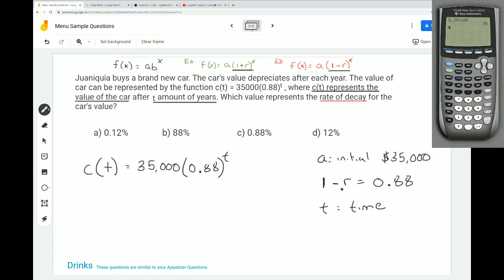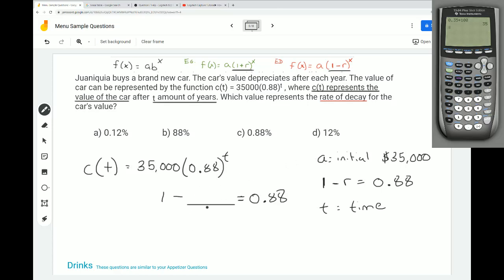Okay, so we're trying to figure out what's the rate of decay. Since this one's 0.88, if you notice, this is not 1 plus r. This is 1 minus r. So 1 minus some value is equal to 0.88. The question is, what is that value?